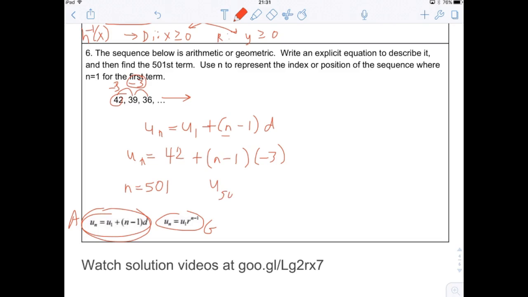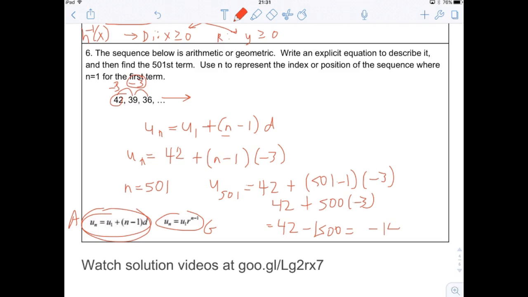So U501 is equal to 42 plus 501 minus 1 times negative 3, which is equal to 42 plus 500 times negative 3, which is equal to 42 minus 1500, which is equal to negative 1458. Is that right? 42, yeah, because 500 times negative 3 is negative 1500. 42 minus 1500. Okay, I think that's right.